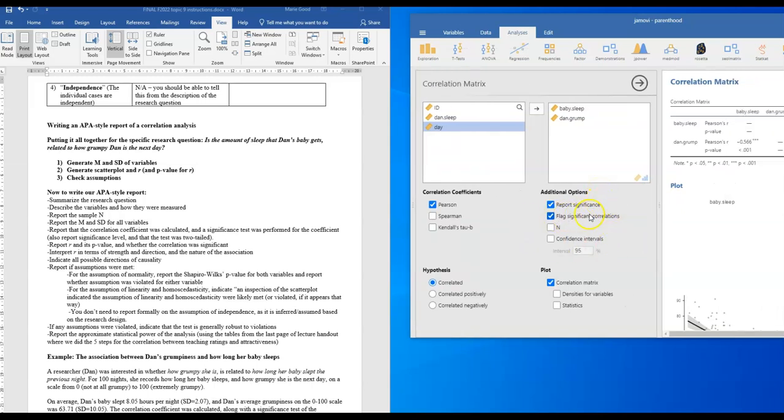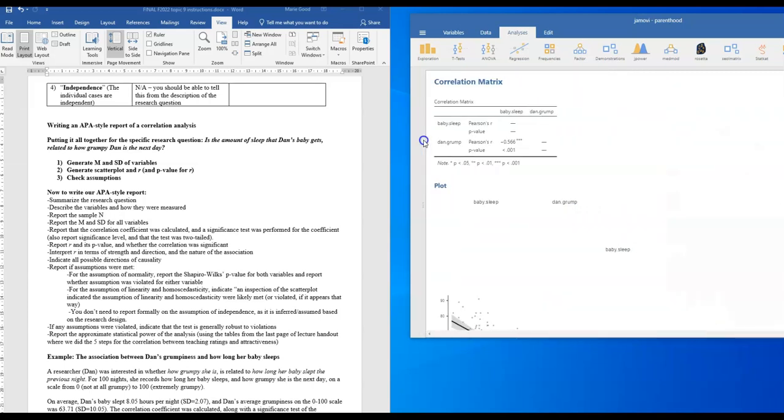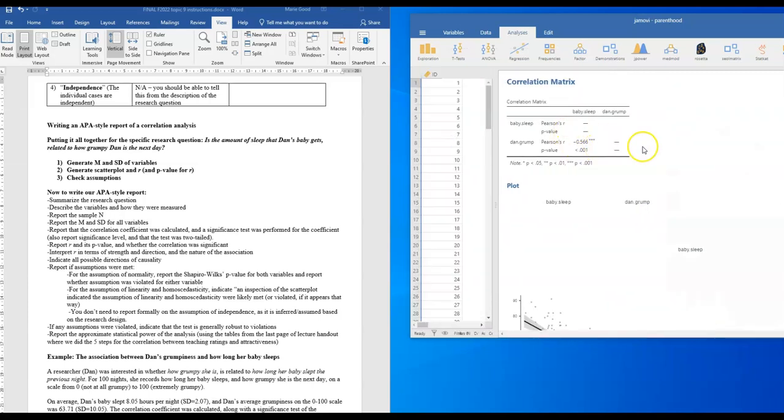If you're not sure about interpreting the p-value in relation to the significance level, a good check is to check off flag significant correlations. If your correlation is flagged, then it has to be significant, right? It's just a way to make it very easy for you to interpret.